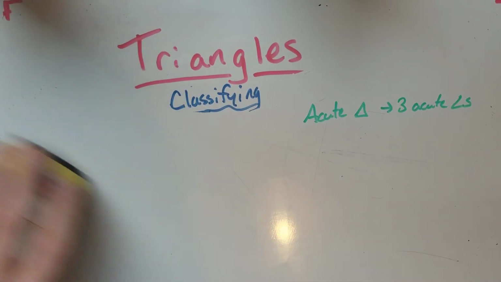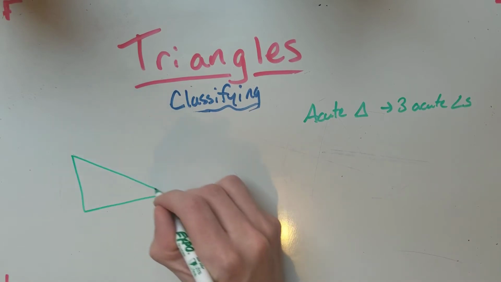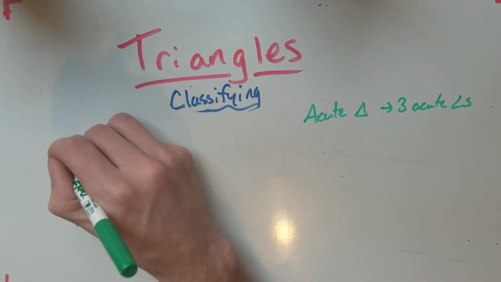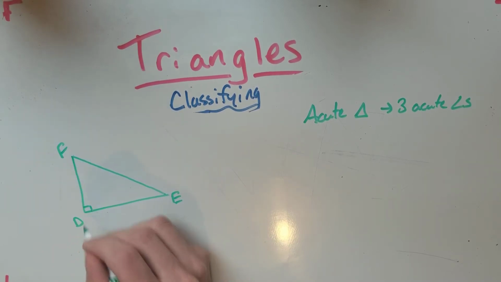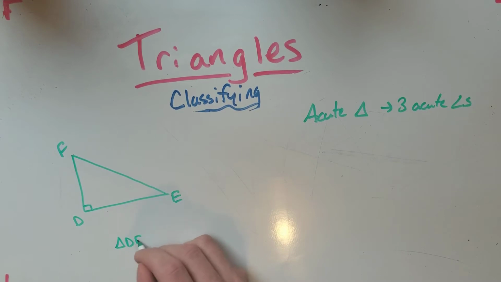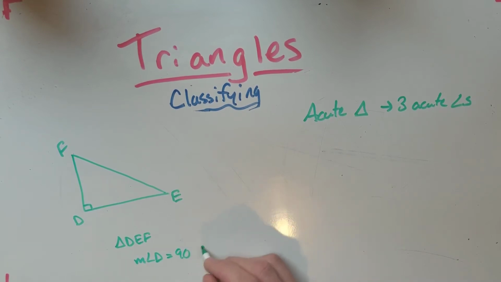Let's say we have now another triangle. We'll call this triangle DEF. And we're going to have a nice little right angle here. So in triangle DEF, where the measure of angle D, in this case, equals 90, it's a right angle.